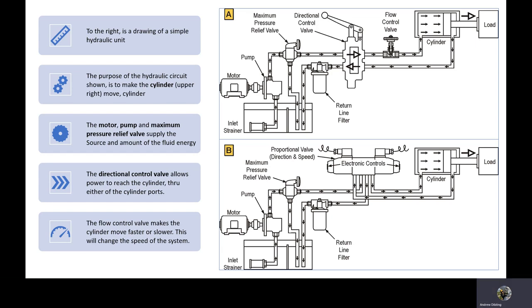The next thing we have is a directional control valve. The directional control valve in this top example is a manually operated valve. The operator themselves can crack the valve either wide open or slightly open, depending on how they want the speed of the cylinder to react.